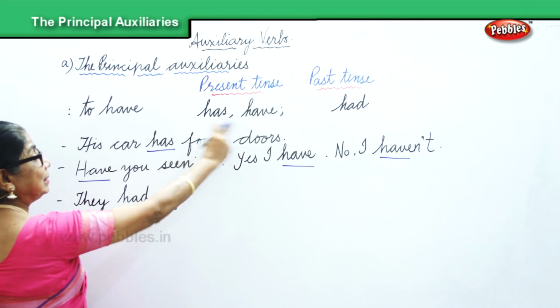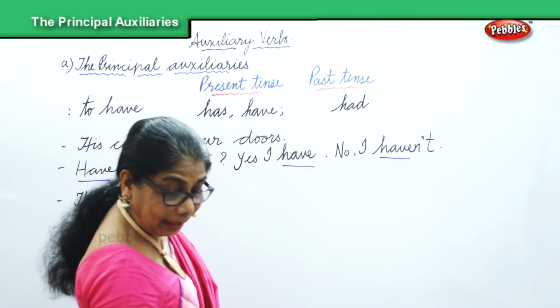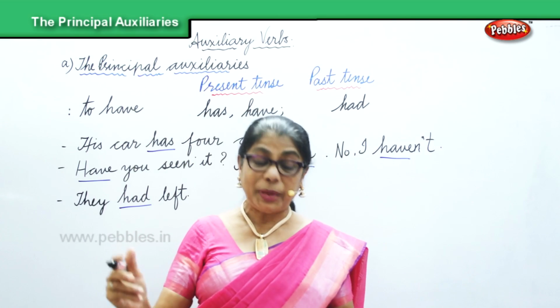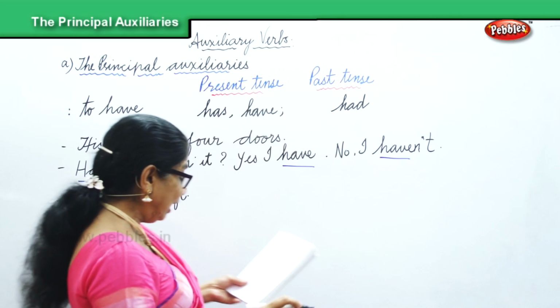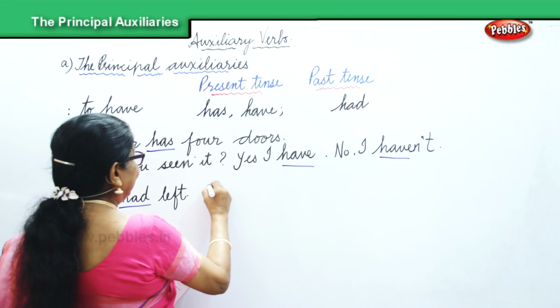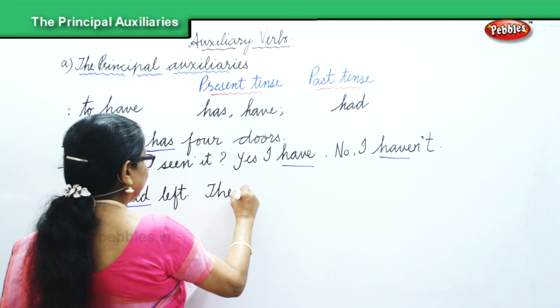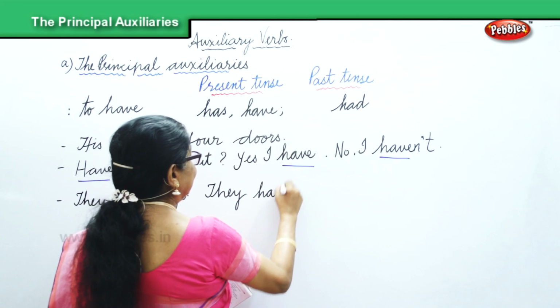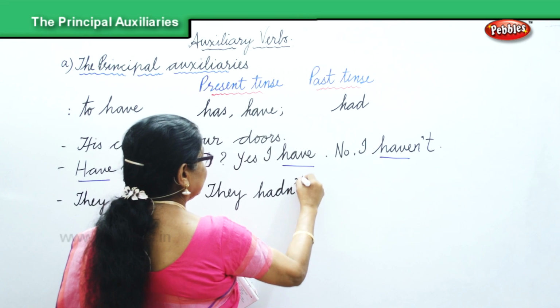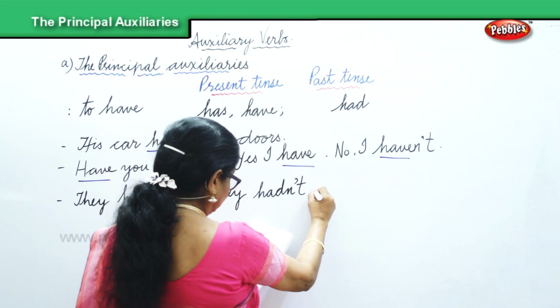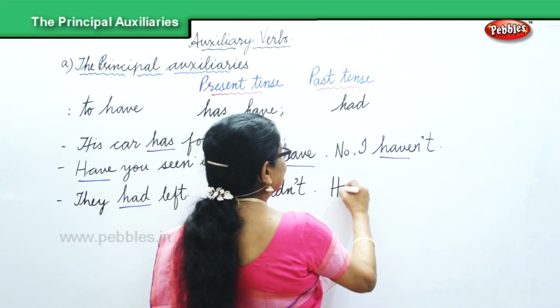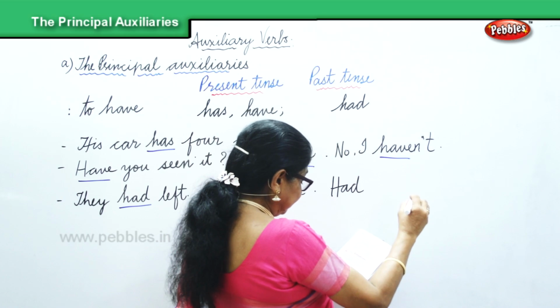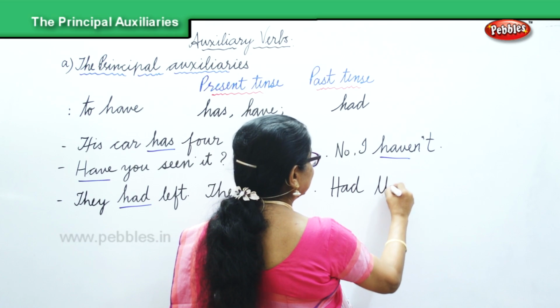We're looking at has, have, and had in the principal auxiliary verbs. They had left, or they hadn't, or had not. Or you can say, had they left?